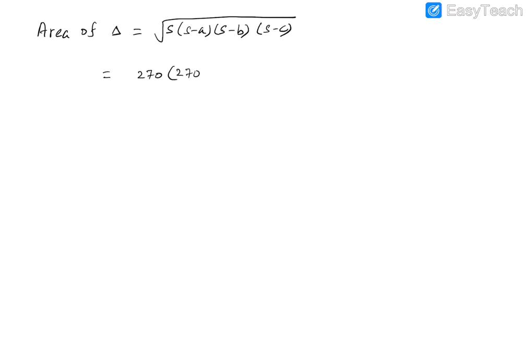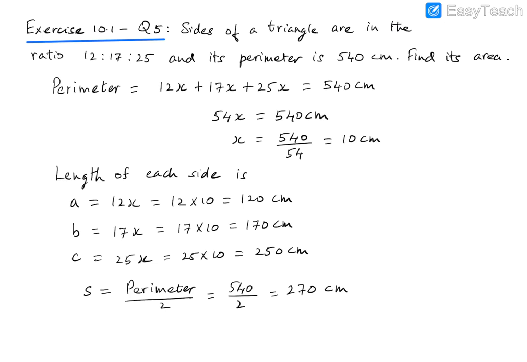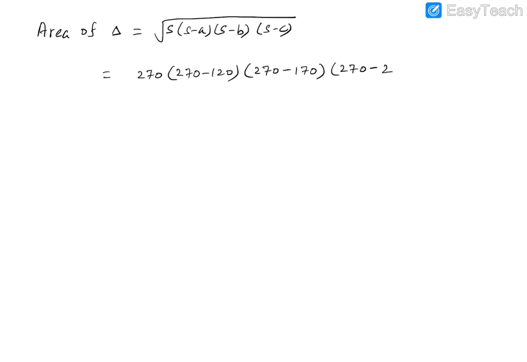So it's 270 minus 120 into S minus B, which will be 270 minus the second side B, 170, into S minus C, which will be 270 minus the third side, which is 250, and this is all under the root.